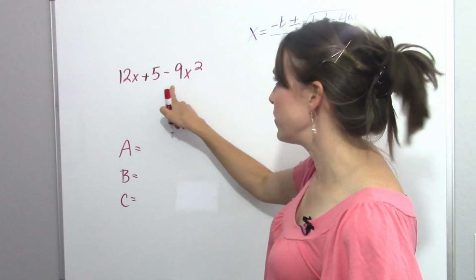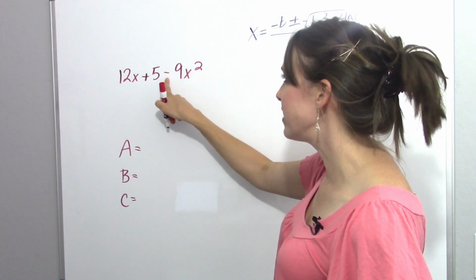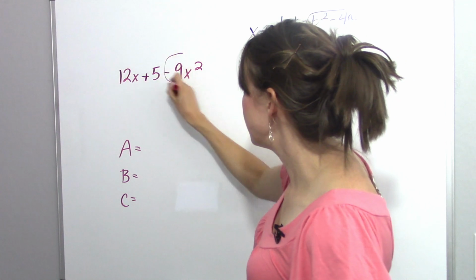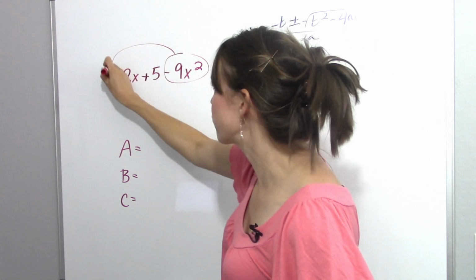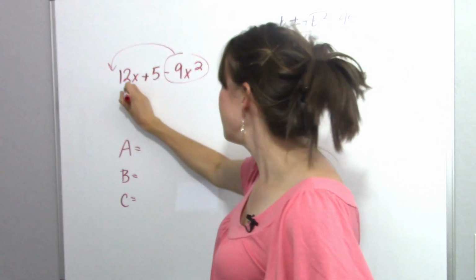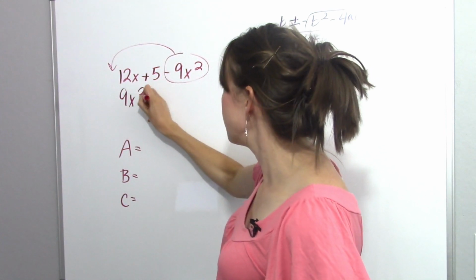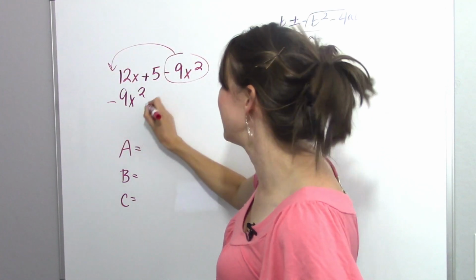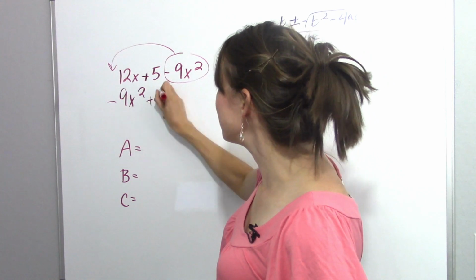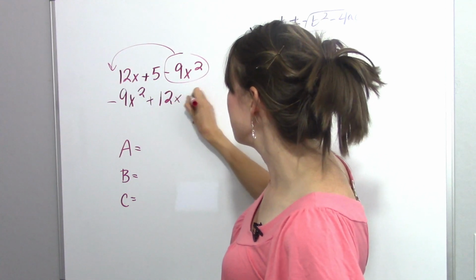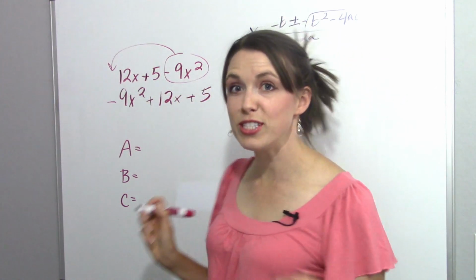So we need to rearrange it. We're going to take negative 9x squared and bring it to the front. So now we have negative 9x squared plus 12x plus 5. And now it's in our proper order.